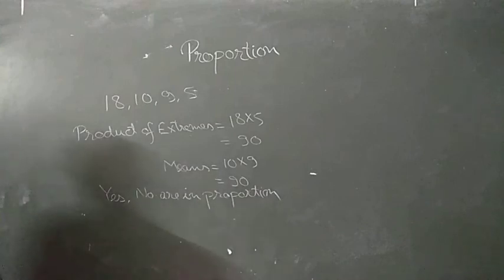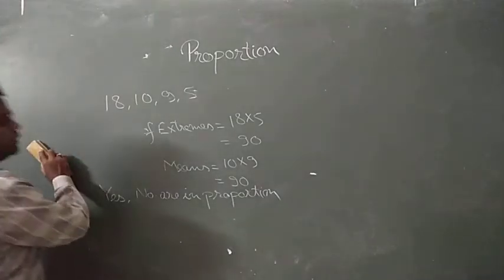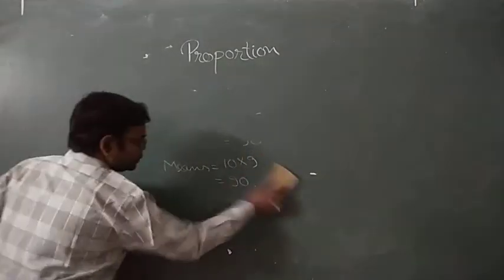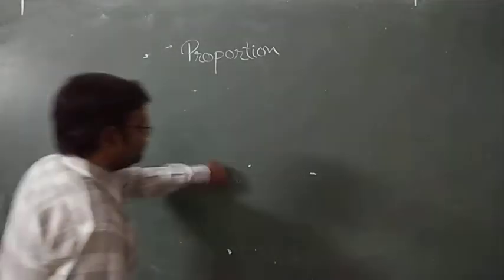Basically, in this exercise, you simply have to judge whether the given one is in proportion or not. In proportion, always remember that the ratio must be in the same unit. Suppose I am choosing these two questions.